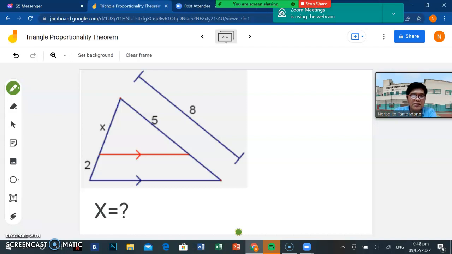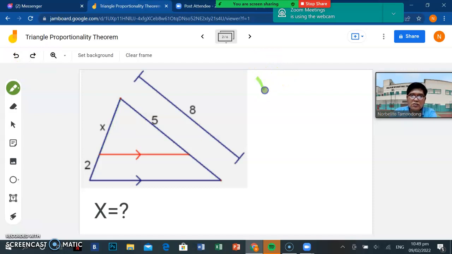Okay, so the problem is you are going to solve for x. In here, to solve for x, since this is part of the whole side, to form a proportion you can use this part over this part.